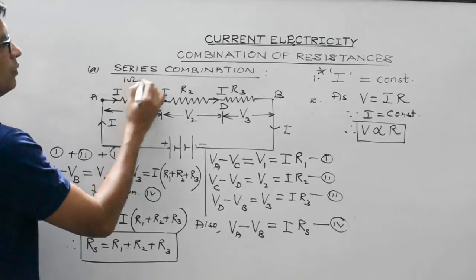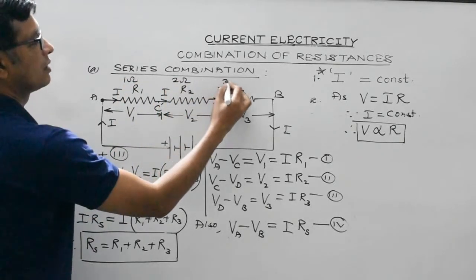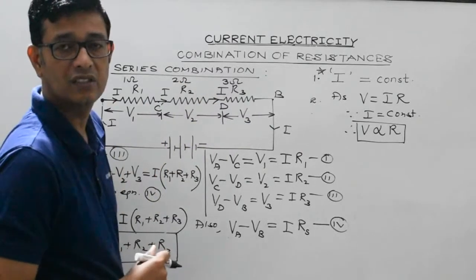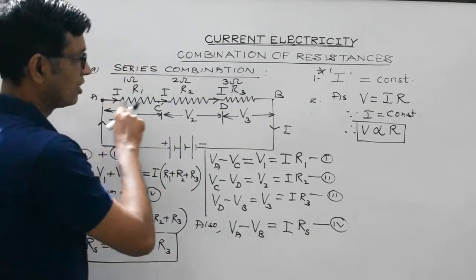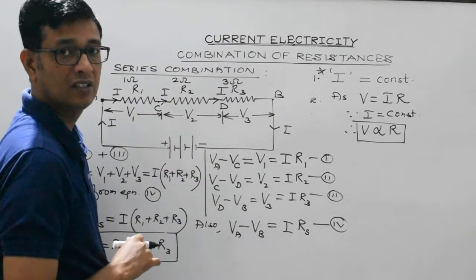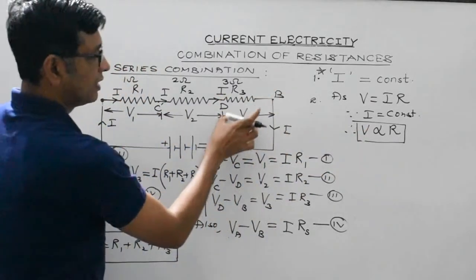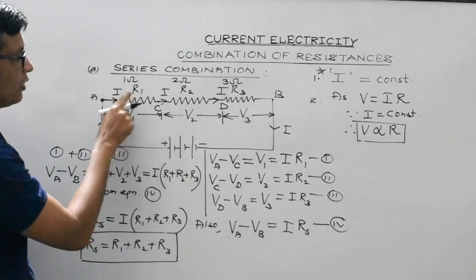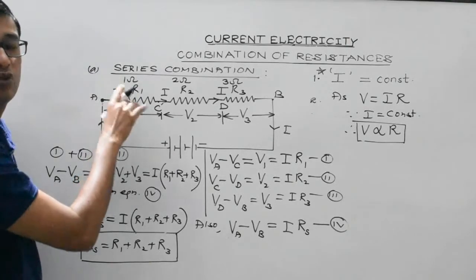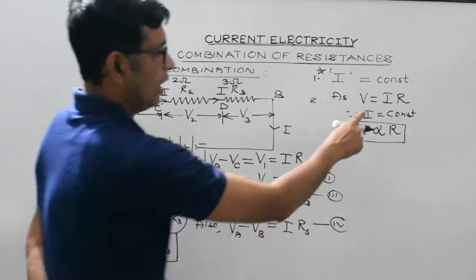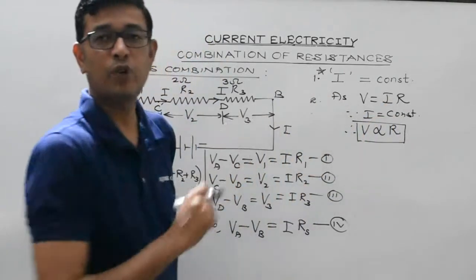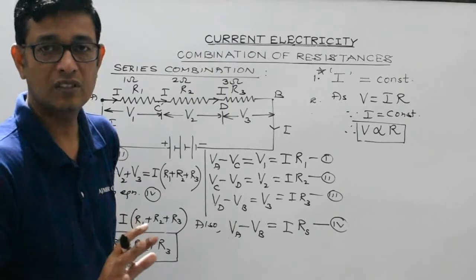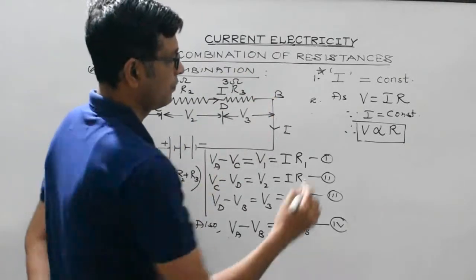Suppose this is 1 ohm, this is 2 ohm, and let us consider this to be 3 ohm. Obviously, R3 is greater than the other two resistors, right? So, a constant current will flow through each of these three resistors, but the potential difference, that is V3 across R3, would be maximum, while the potential difference across the resistor having the minimum value of resistance will be minimum. So, the higher the value of resistance, the greater will be the potential difference across that resistor, and vice versa. Clear, students? This is valid only in the series case.